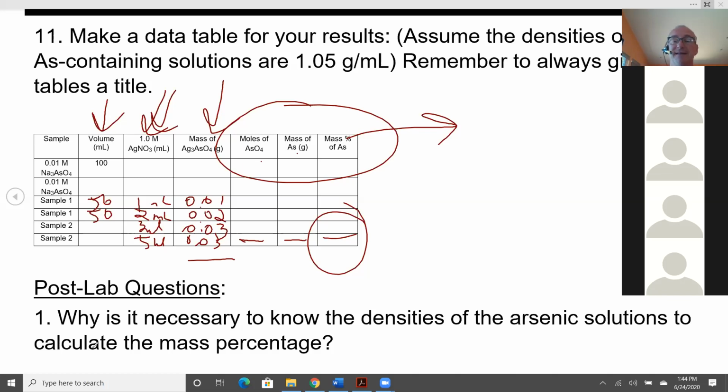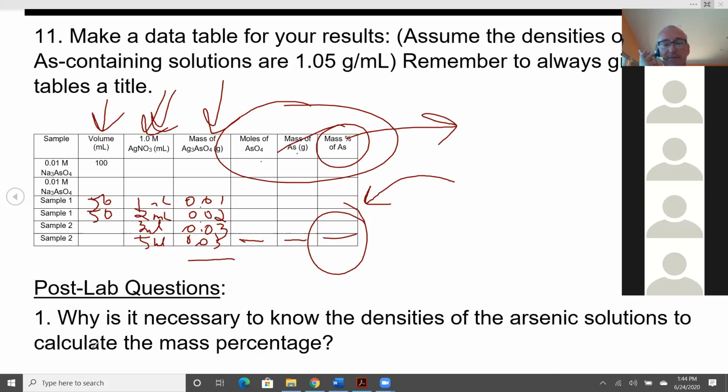The thing is, hopefully you're all going to get the same mass percent, because sample 1 and sample 2 should be the same for everybody. No matter how much you use, the mass percent will be the same. Yours should be the same as everybody else's, no matter how much volume of sample 1 you chose to use.